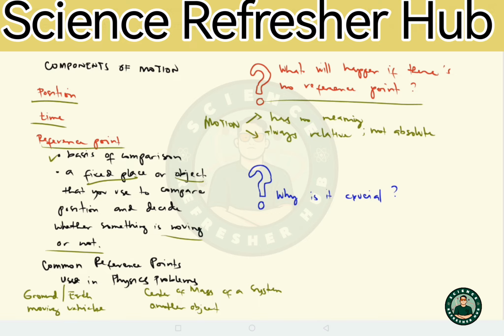Okay, so there is a certain statement here: it's wrong to say the object is moving, and that's it. That's not a perfect description of motion.